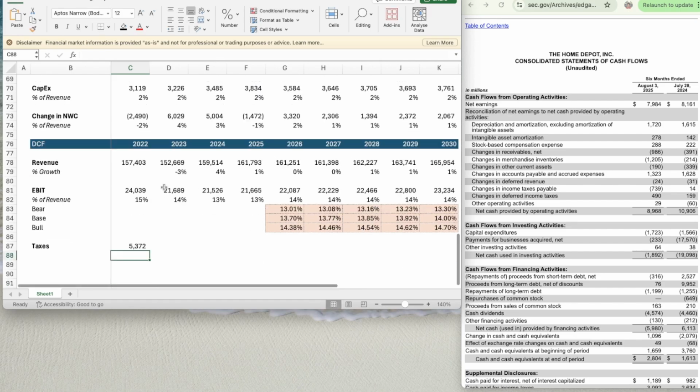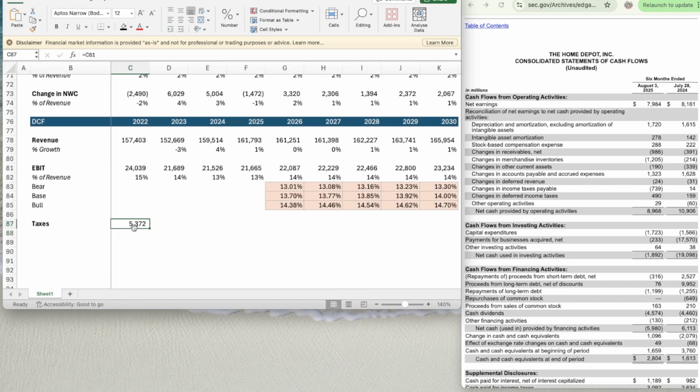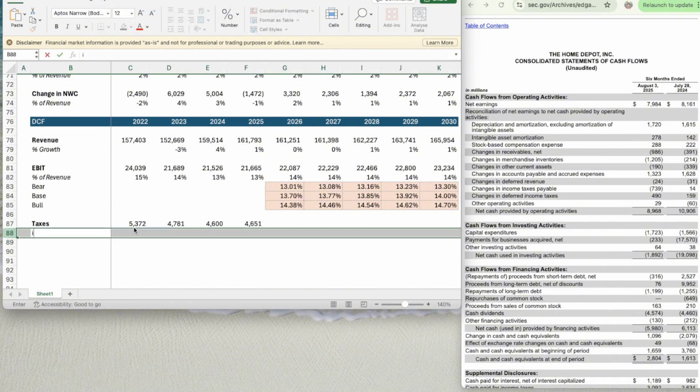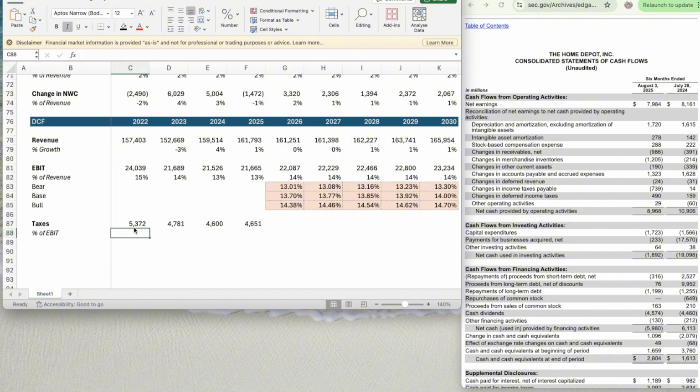Now we go for the taxes, and that is equals, just again take this line, but we just do it up to 2025, and you'll see why in a second. The reason we want to do that is we want the taxes paid to change relative to the EBIT margin going up or down.